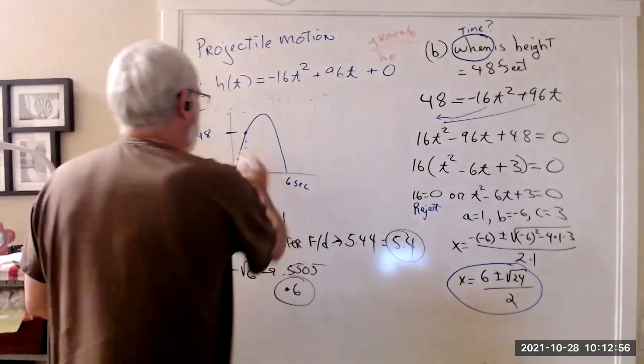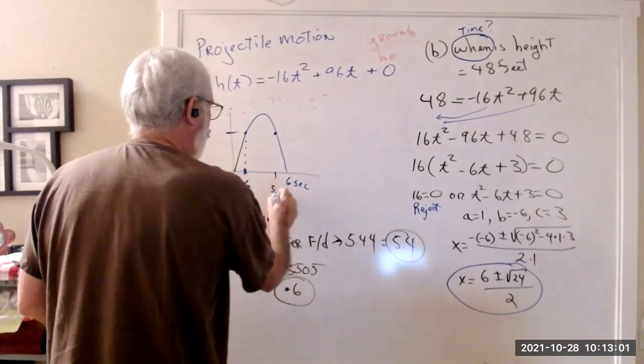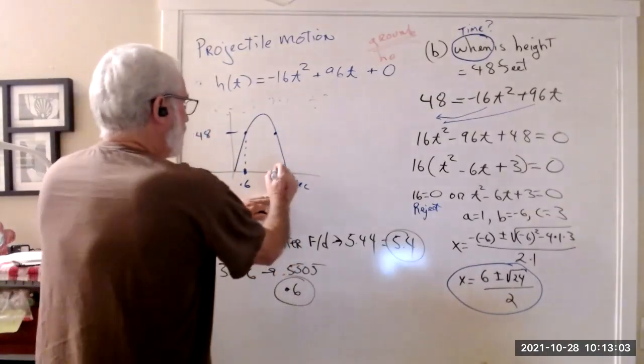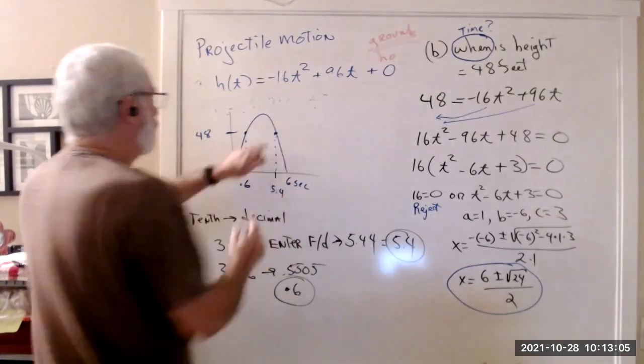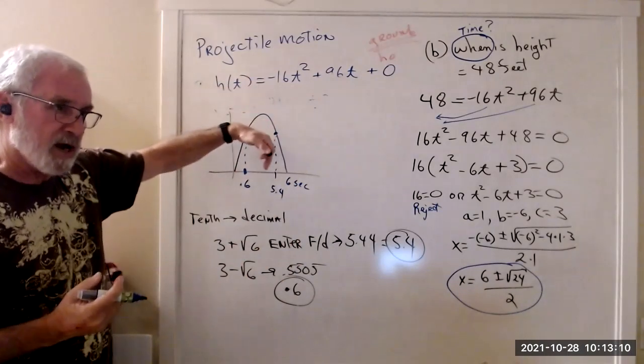And then we also figured out over here at 5.4 seconds, the height was also 48 feet, but now the object was on the way down.